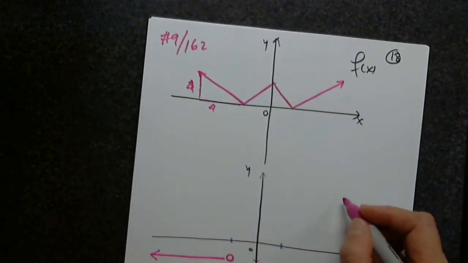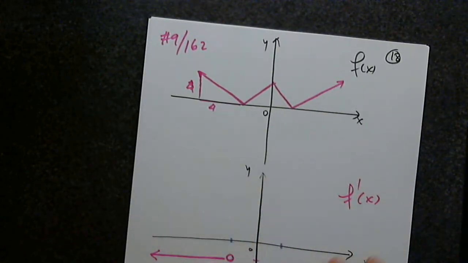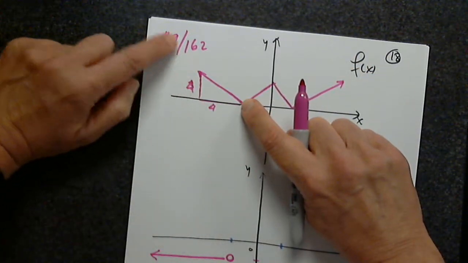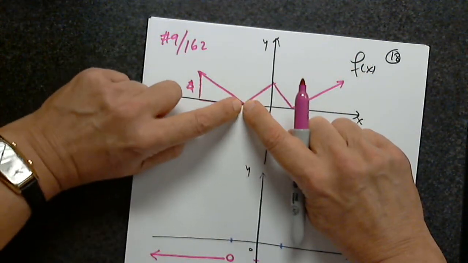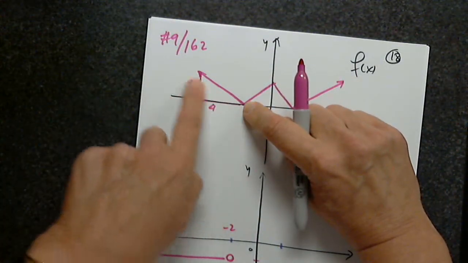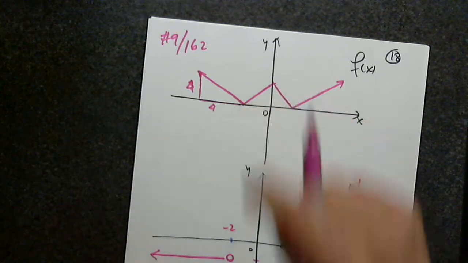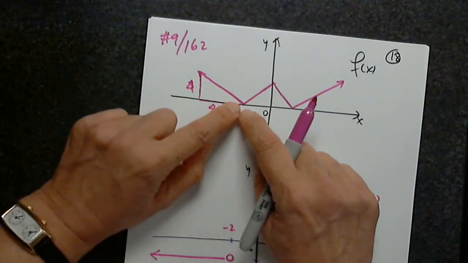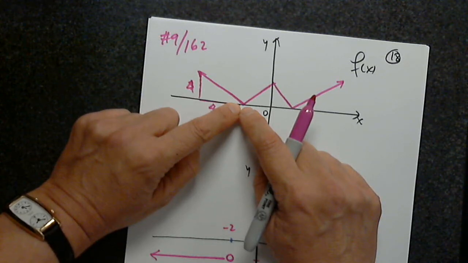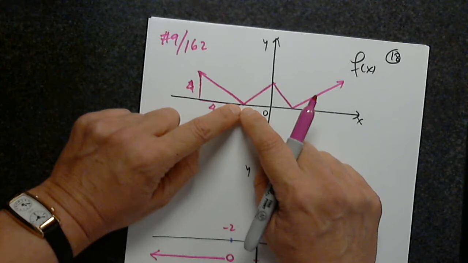So the derivative, so this will be f prime of x. All the graph here will be f prime of x. This graph is f of x. So for this piece, between negative infinity and this number, I don't know, let's say negative 2, the derivative is negative 1. What happens at this point? Careful. It's not differentiable. If it's not differentiable, the derivative will not be continuous there.